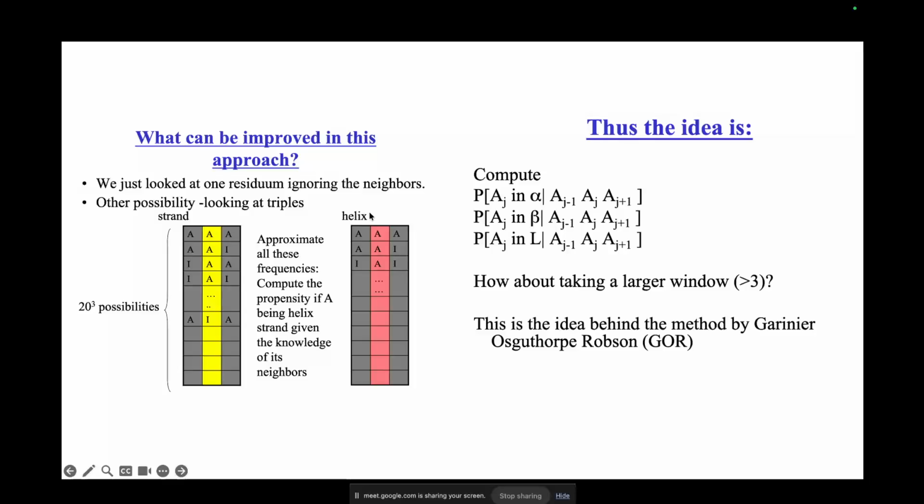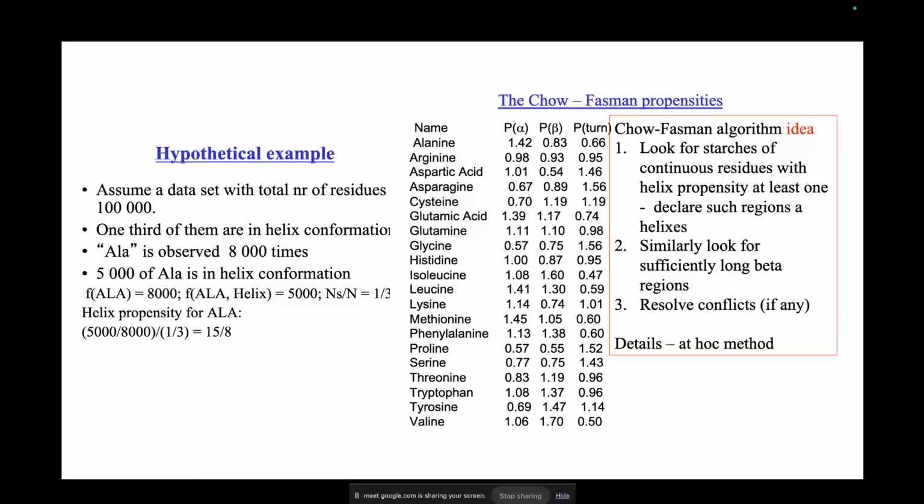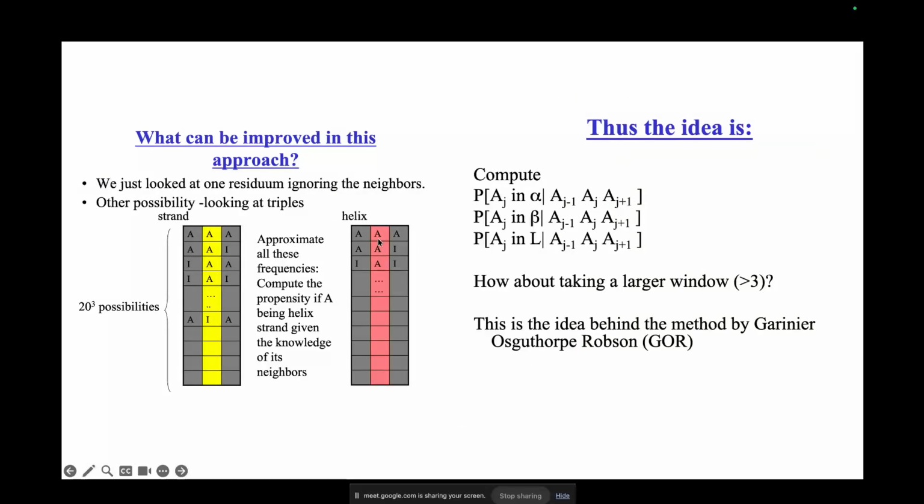So you calculate the propensity of A being in a helix strand, as you did using Chou-Fasman propensity, but also taking into account the amino acids neighboring this particular amino acid. What is the propensity of them as well? So you compute all three: A of j minus 1, A of j, and A of j plus 1 for alpha helix.